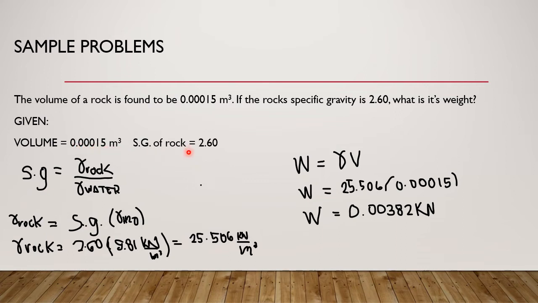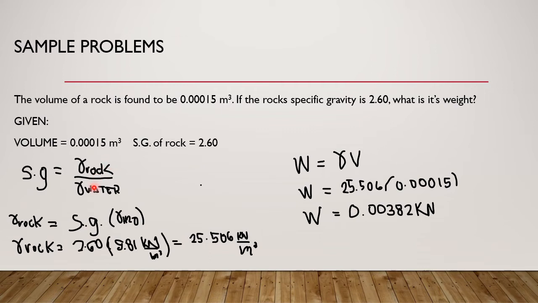Yung specific gravity ng rock is 2.6. Therefore, yung specific gravity ng rock, ano ba ang pagkuha ng specific gravity? Unit weight of the material over the unit weight of water. Yun yung specific gravity. Yung relative density naman, rho of the material over rho of water.